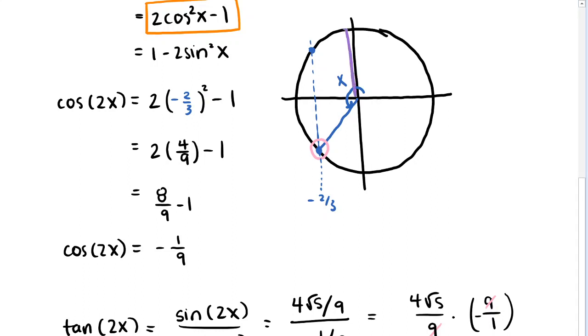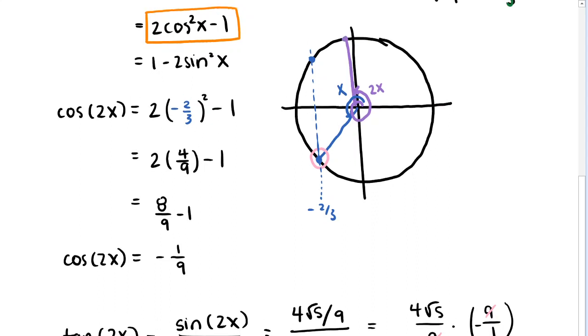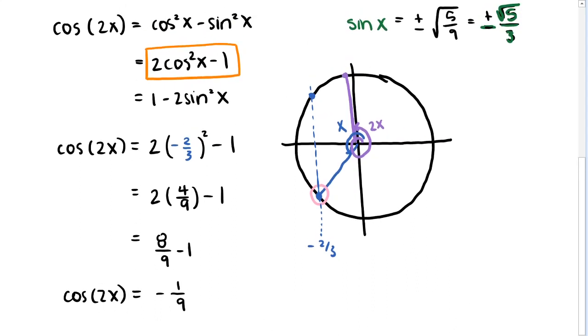So here's our angle. If we go around the unit circle once and then a little extra, this is our angle 2 times x. And what we did was find the horizontal and vertical coordinates of this point on the unit circle. So this is cosine of 2 times x, sine of 2 times x. If we look at our results, they kind of make sense.